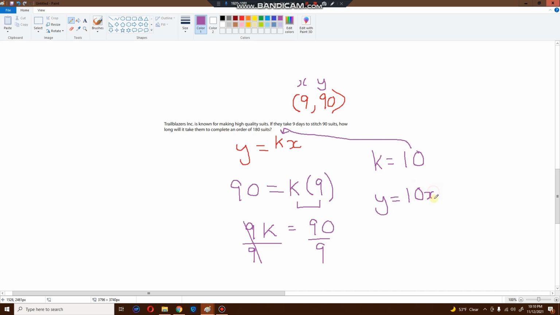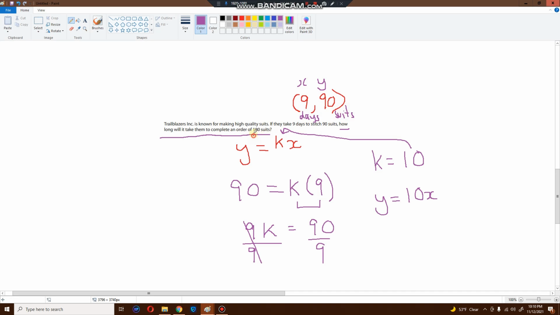Now what I've got over here is my direct variation equation, which can help me solve this problem. How long will it take them to complete an order of 180 suits? If you go back to when we did the coordinate points, the x represents days and the y represents suits.